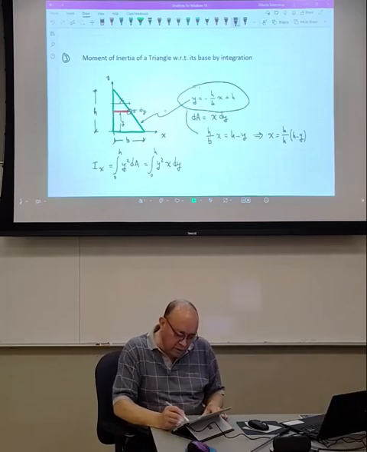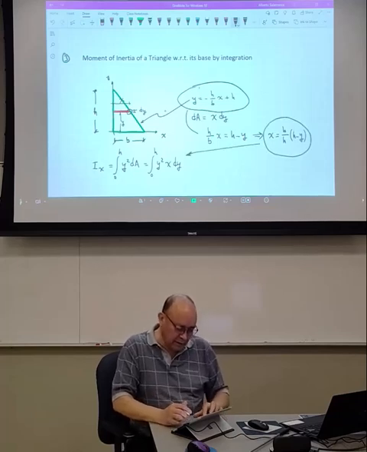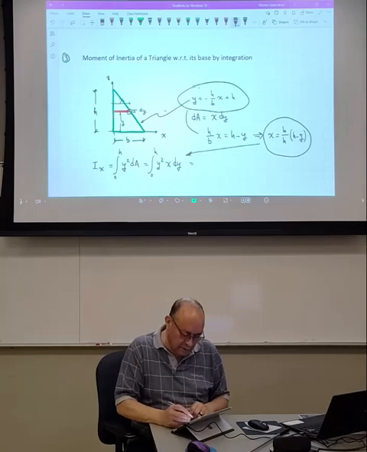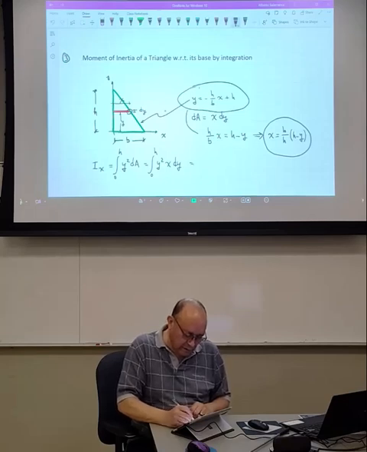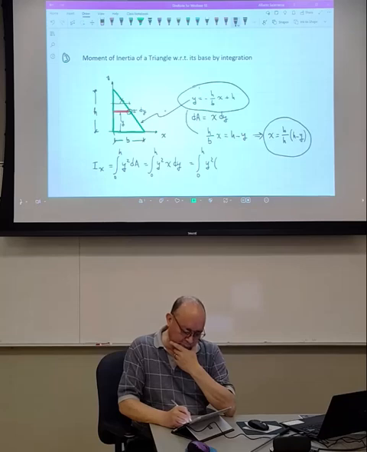So we can put this value of x into our integral. We will get the integral from 0 to h of y squared times (b over h minus y) dy.